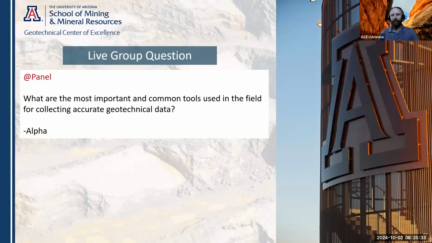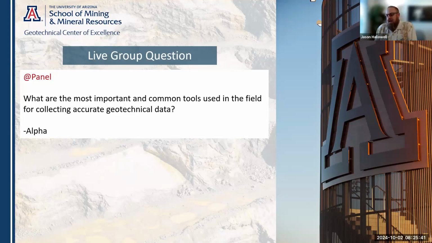Getting back to the Brunton compass, Jason, I know you've had issues with magnetic interference. Can you talk a little bit about that and how you overcame it? Yeah, if you're in an area with magnetic rocks, magnetite, especially underground, or even in a non-magnetic zone but next to a large piece of equipment, it can really throw your readings off.